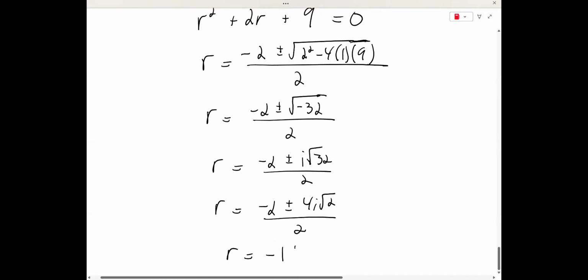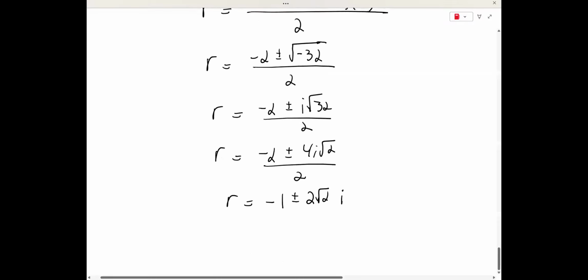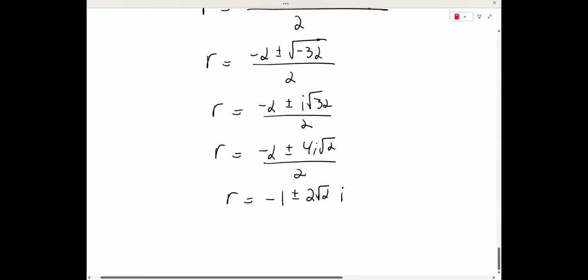So -1 plus or minus 2 square root of 2 i, like that. Actually, I'm just going to call it square root of 8. Whatever here. Yeah, I guess like this. So you get this here then. Okay, so anything there so far?